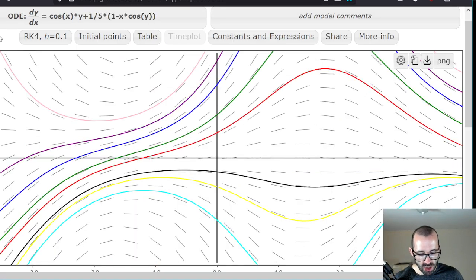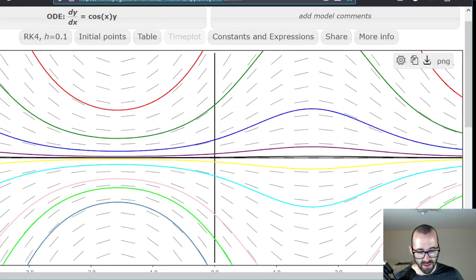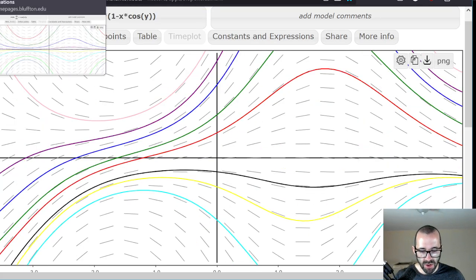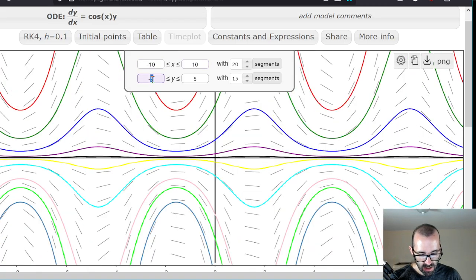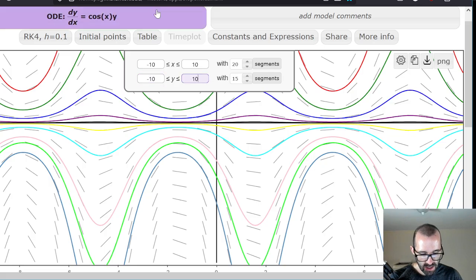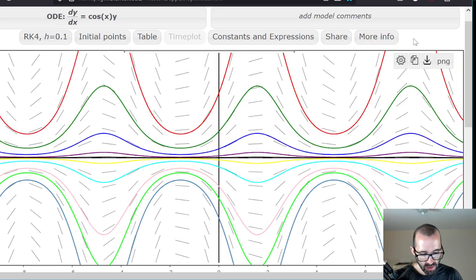This is the non-homogeneous version. It looks pretty similar, right? Let's zoom out a little bit to see what's happening. Let's go from -10 to 10, -10 to 10. And let's do that on both.